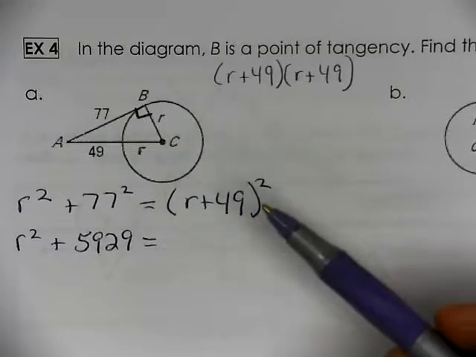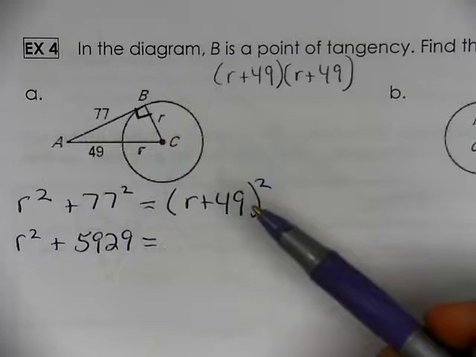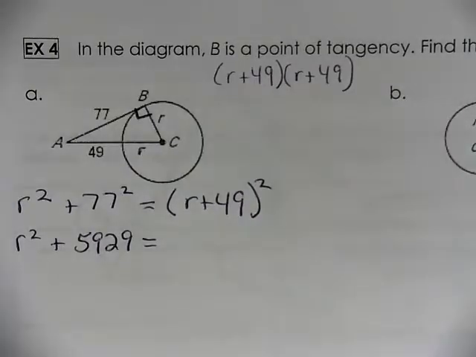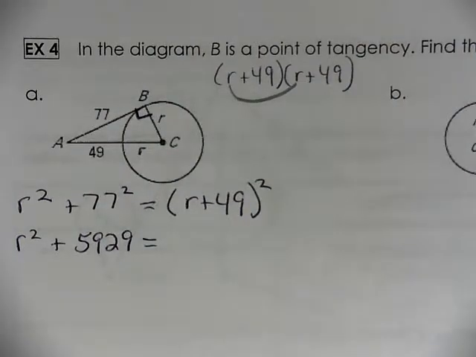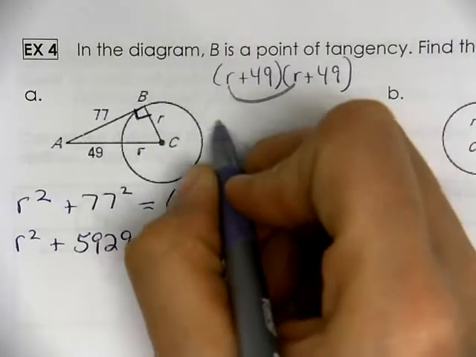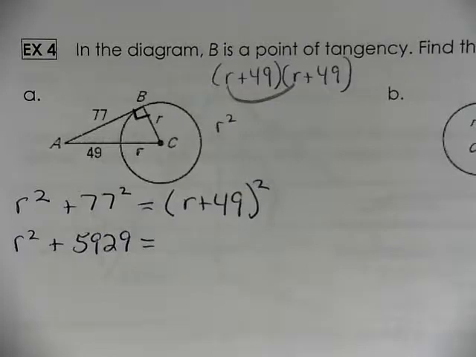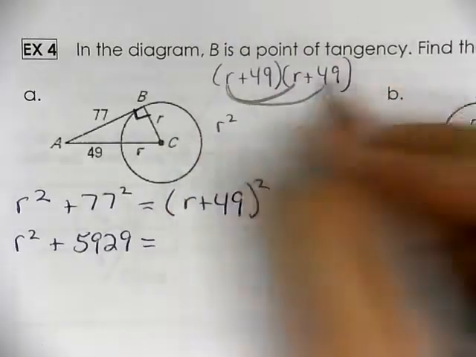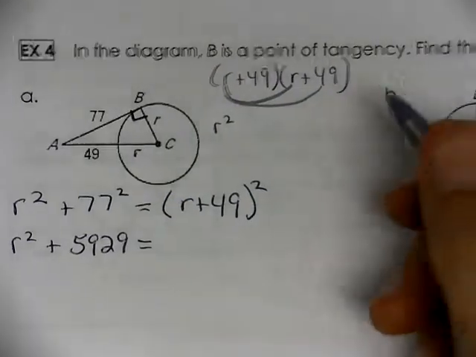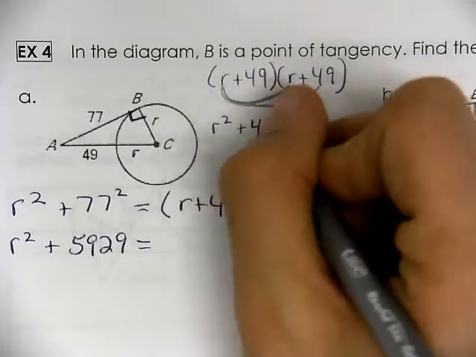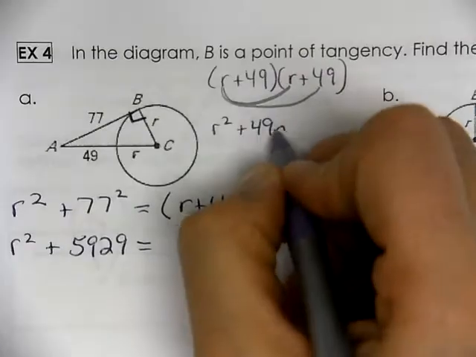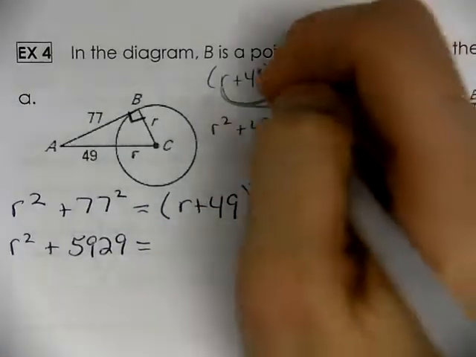You guys remember foiling? What do you do first in the foiling? What's R times R? R squared. What's R times 49? That's the outside. 49R. Then we do the inside.